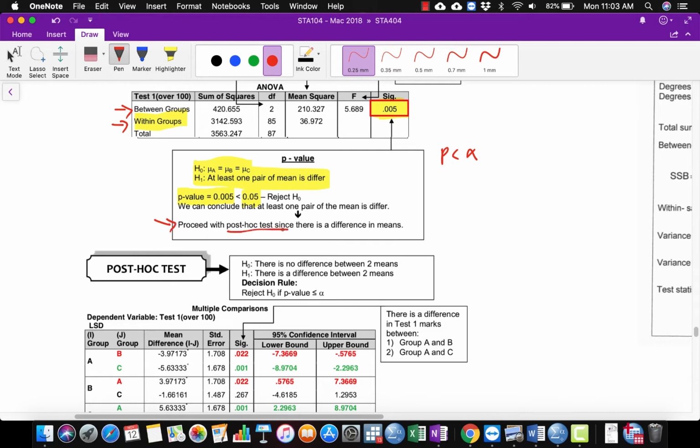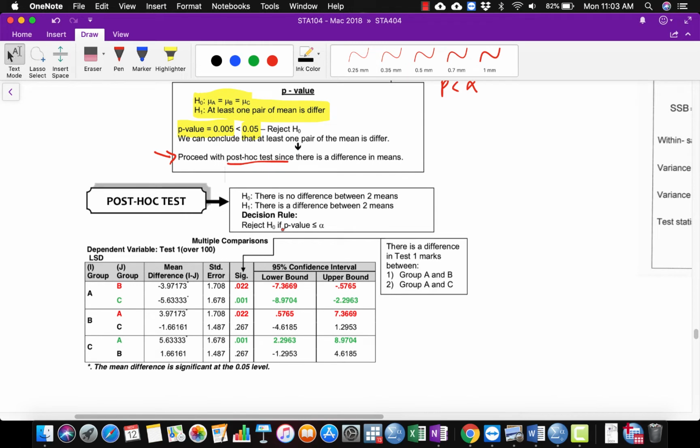If you want to know which pair is different, then you need to proceed with the post hoc test. Right. In post hoc tests there are a lot of methods: LSD method, Bonferroni method, Tukey method, Scheffe method, and so on. In this subject, we're going to use LSD multiple comparison for the post hoc test.